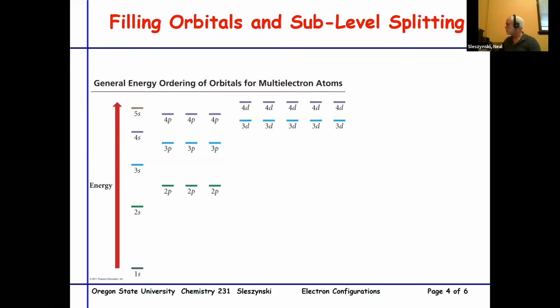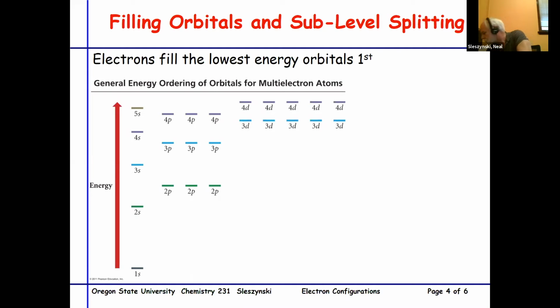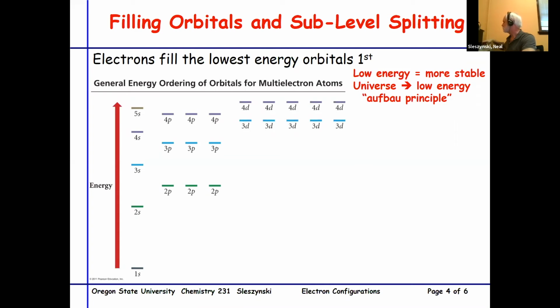3s, 3p, 3d. Our electrons fill starting in the lowest energy orbitals, because lower energy is more stable, and the universe always favors low energy, more stability, in any system we ever look at. This is referred to as the Aufbau principle. We see that we have 4s orbitals that are lower than the 3d orbitals.